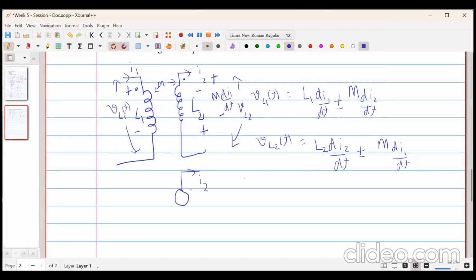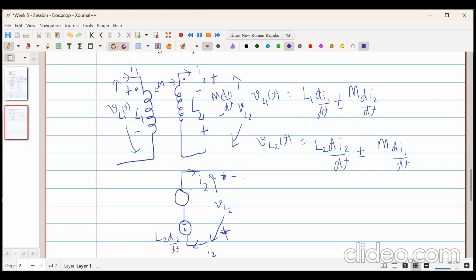This is current I2 which is flowing out, and here one more polarity like this. This will be VL2. This will be minus, this will be plus, because the current I2 is flowing like this. It is entering over here and leaving over here. So this will be the component due to self-inductance, L2 di2/dt.